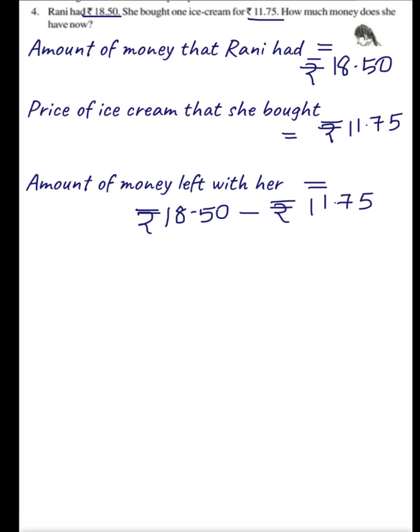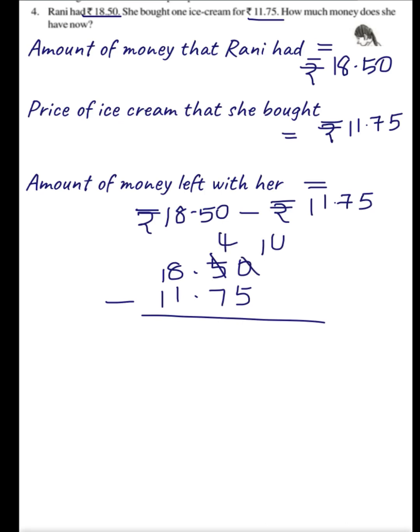Okay. So, let's do it. First number is 18.50 minus the second number, 11.75. Okay, the decimal points should be in the same line. So let's do the subtraction. So here you will get 4, here 10. What is 10 minus 5? 5. What is 4 minus 7? Not possible.